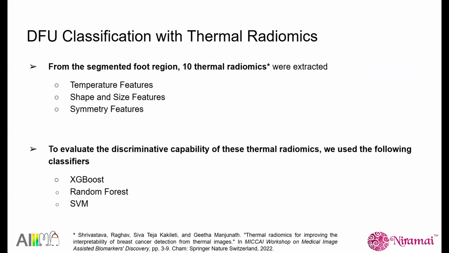Once we identify that abnormal region, we calculate various features like the peak temperature, how much the temperature increases there with respect to the surrounding region, and shape and size attributes. We also compare both feet, the contralateral foot, for how much difference and symmetry patterns there are. All those features are extracted. A total of 10 thermal radiomics features are extracted, and then we train the classifier network.